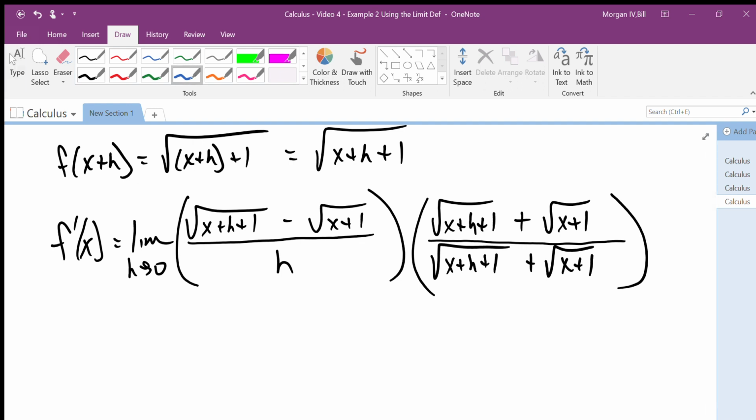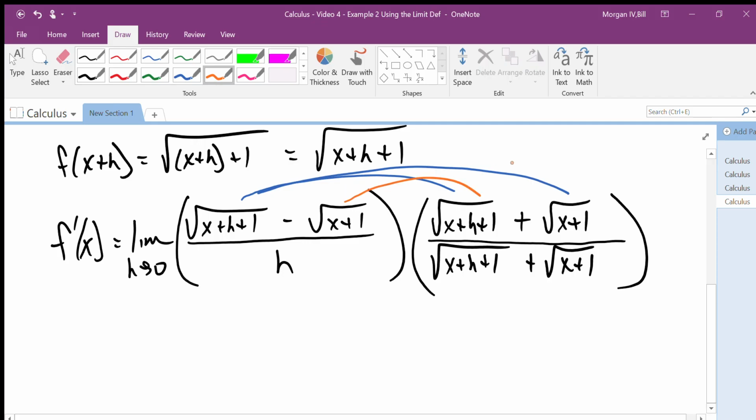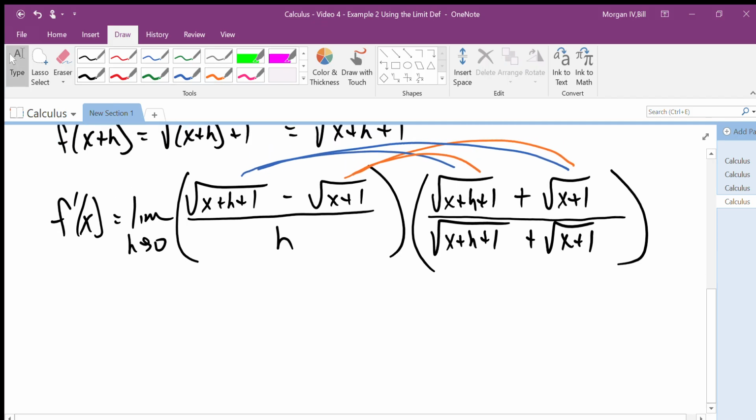So what I'm going to do now is distribute in the numerator, like so, and I would get the limit as h goes to 0. The square root of x plus h plus 1 times the square root of x plus h plus 1 is simply x plus h plus 1.